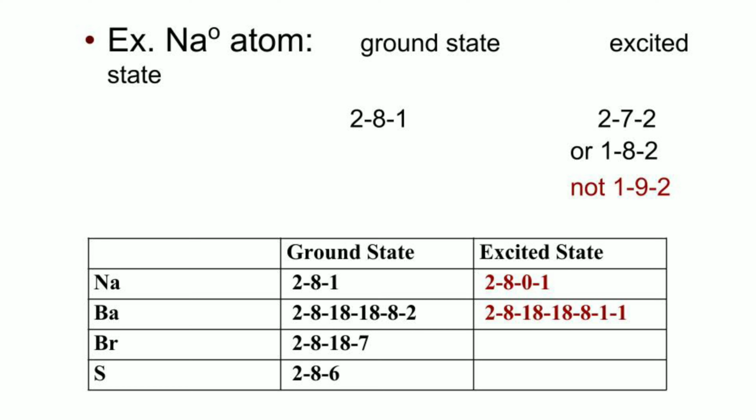There are many possible correct answers when writing excited state electron configuration. You just need to make sure that you never exceed the maximum number of electrons in the first 4 principal energy levels. There are more principal energy levels, but you do not need to know the maximums after the 4th principal energy level.